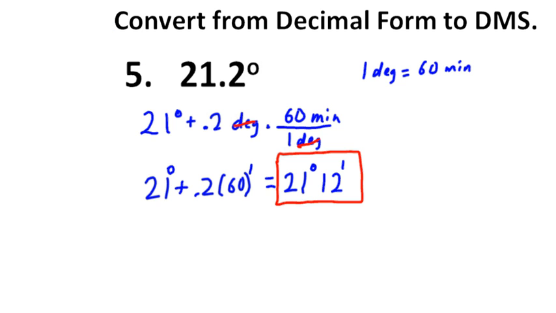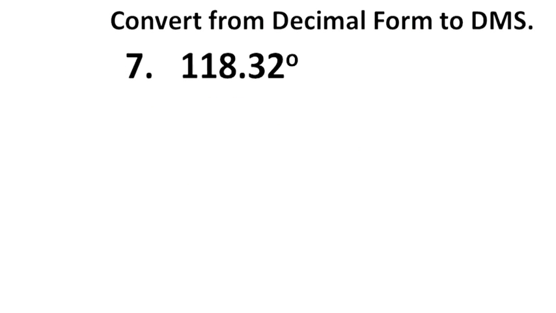And next we go on to problem number 7. We have 118.32 degrees. Well, the 118 degrees is going to be quite simple. We just bring down this 118. And then we're going to have these 0.32 degrees.